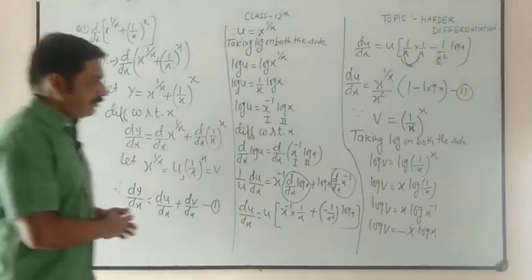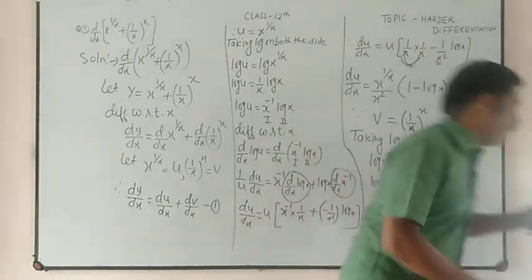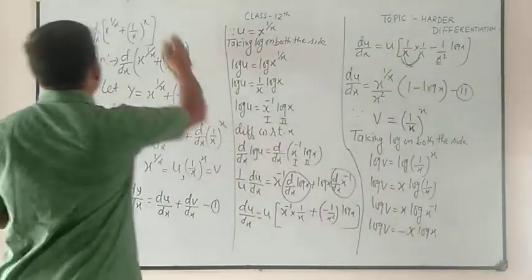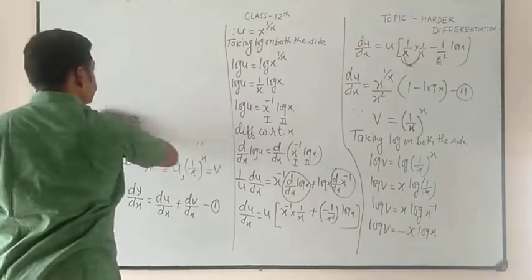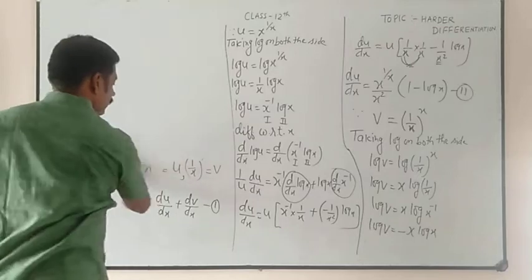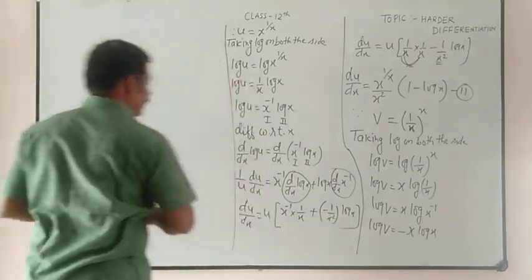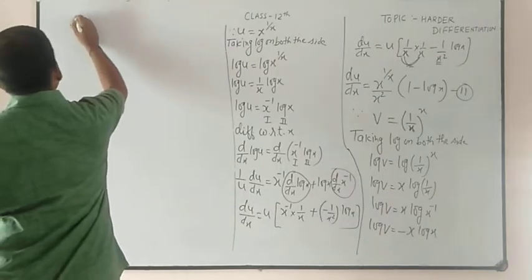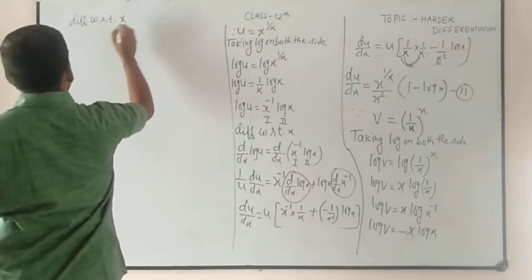So we have log v is equal to minus x log x. Now differentiate with respect to x.